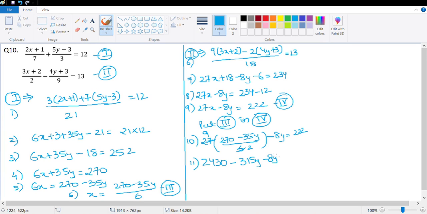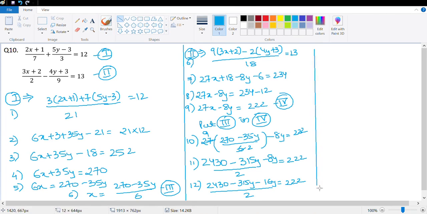Minus 315y minus 8y. Okay, I have upon 2 here, minus 8y is equal to 222. Yes, I've just opened the bracket. Let's take LCM. So this is (2430 minus 315y minus 16y) upon 2 is equal to 222.